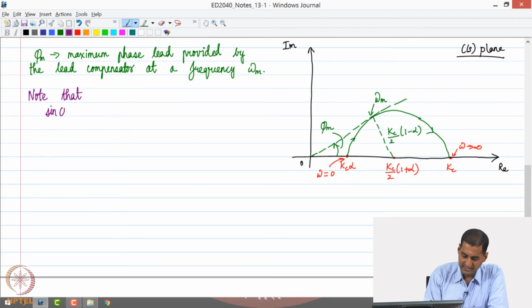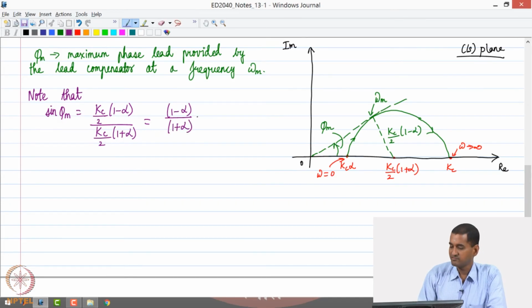We see that sine of phi m is going to be equal to kc by 2 times 1 minus alpha divided by kc by 2 times 1 plus alpha. So, this will essentially give me 1 minus alpha divided by 1 plus alpha. So, that is what I am going to get for phi m.